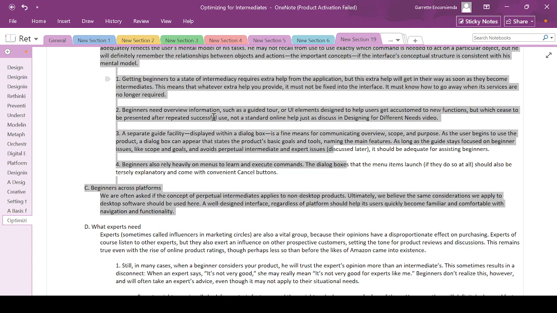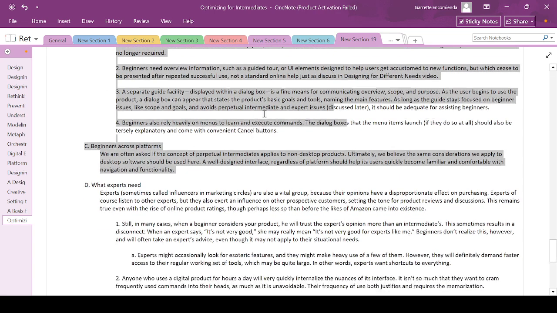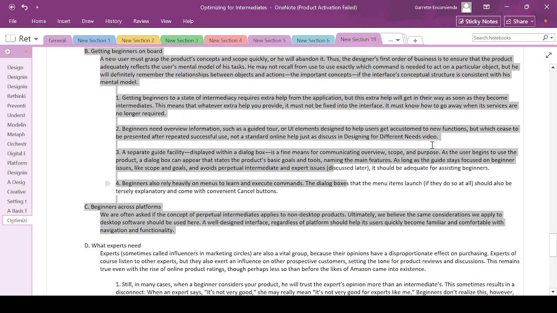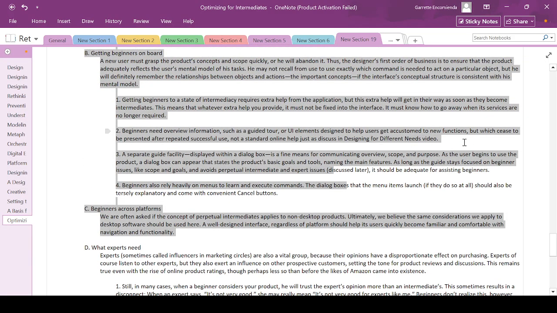So this means that whatever extra help you provide, it must not be fixed into the interface. It must know how to go away when its services are no longer required. Beginners need overview information such as a guided tour or UI elements designed to help users get accustomed to new functions, which keys to be presented after repeated successful use, not a standard online help, just as discussed in designing for different needs.